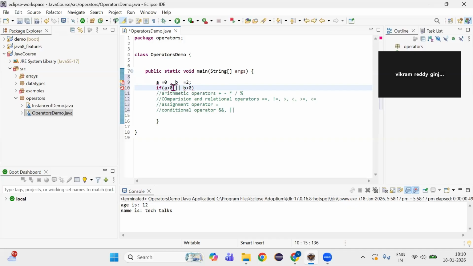But in my first case it failed, so only then it will go here, right? But if my first case itself, if a is 1, suppose you assume that a is 1, so in this condition the first operand itself got success, right? For our condition to be successful, one of them should be true.